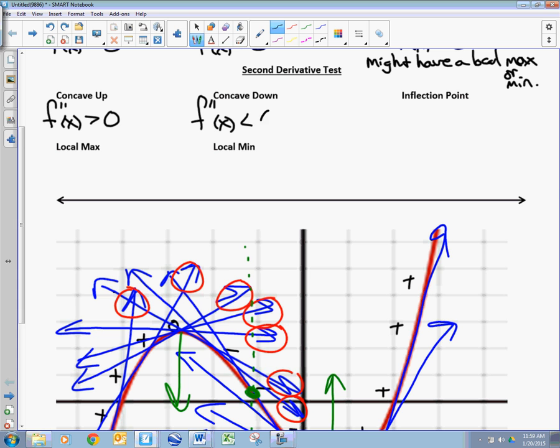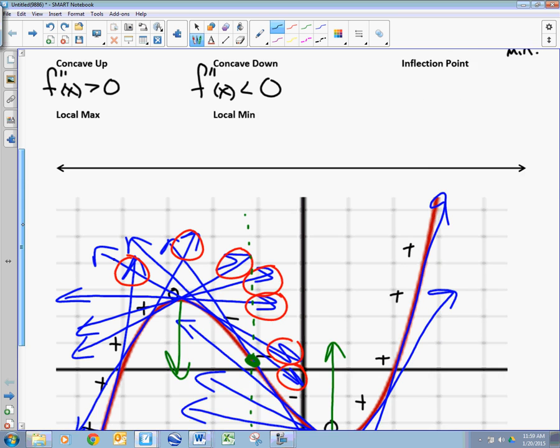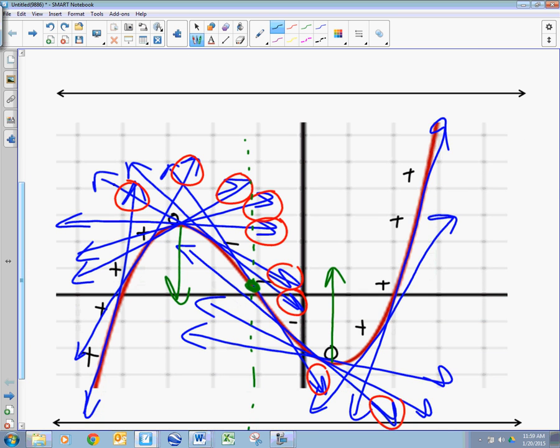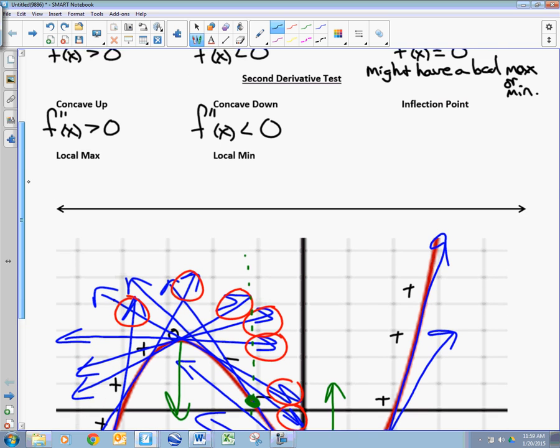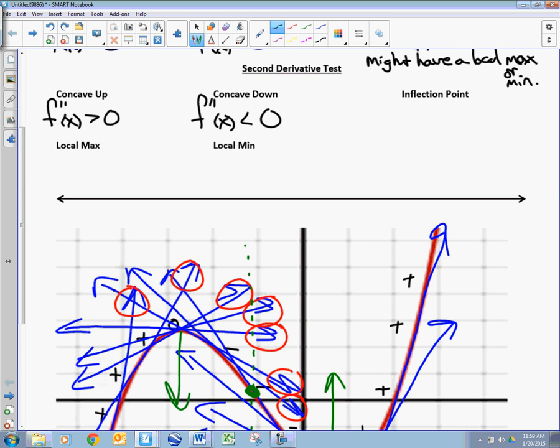If f double prime of x is less than 0, if the derivative is decreasing, it would dump out water. And it's concave down. The inflection point is where f double prime of x changes sign. That often is where f double prime of x is equal to 0.